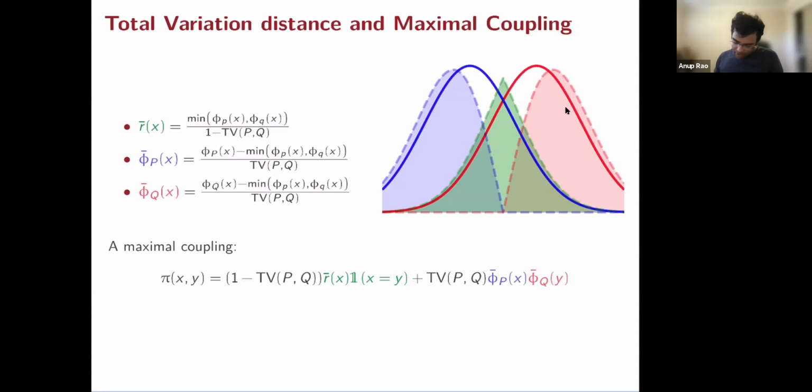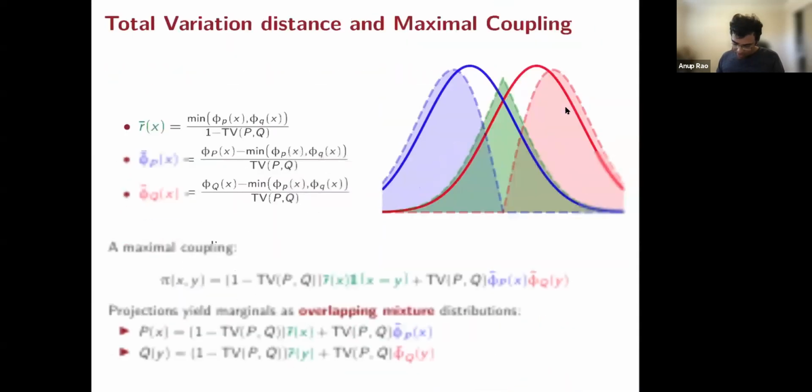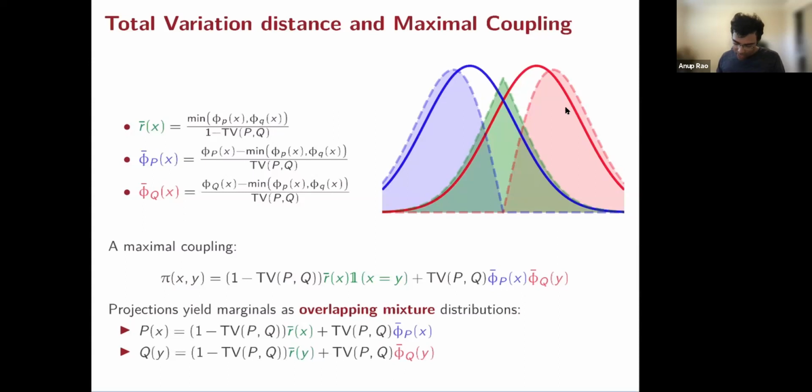The product distribution is the distribution corresponding to the density of the blue minus the green region, times the red region, which is the PDF of Q minus the green region, which is that region. So it is easy to compute that this is a mixture distribution, has the right marginals, and constructs a maximal coupling.